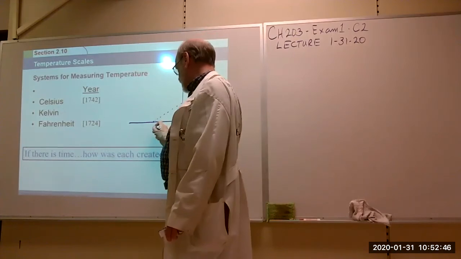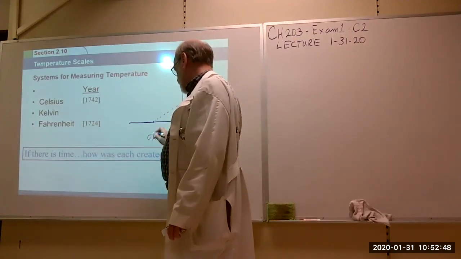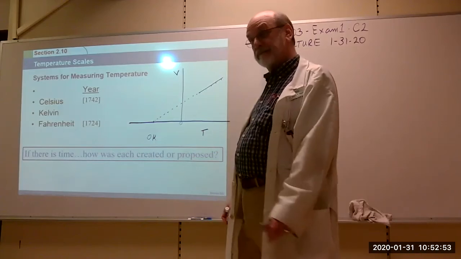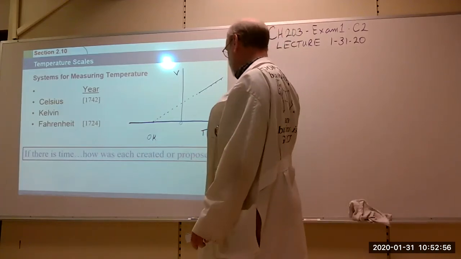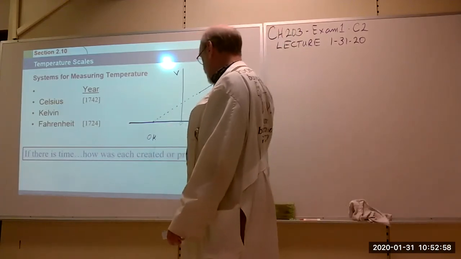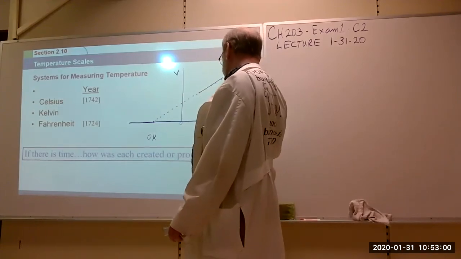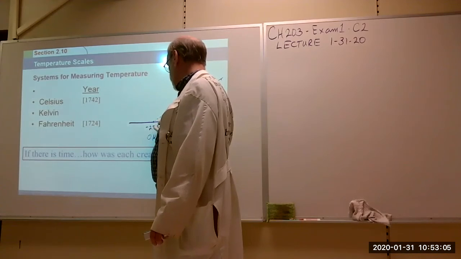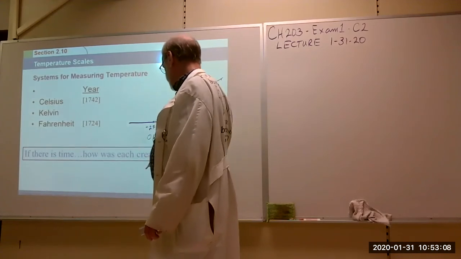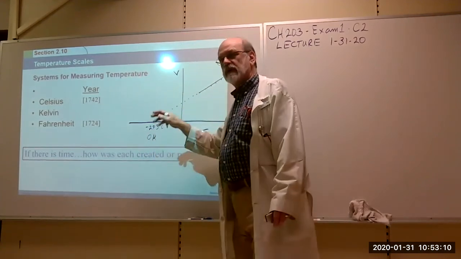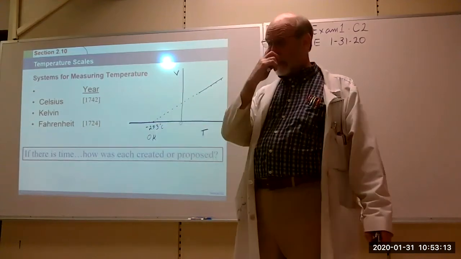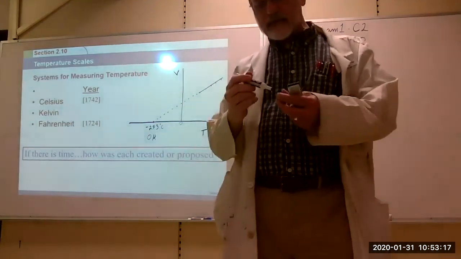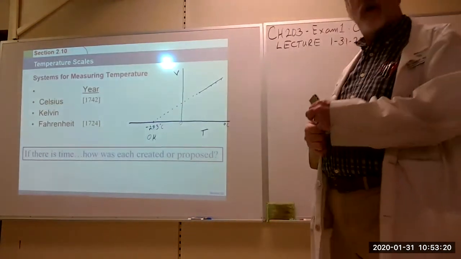Whatever that temperature is, that's 0 K. Not 0 degrees K, just 0 K. Okay? So that's his 0 K. What's that relationship to degrees C? Well, as it turns out, that is minus 273 degrees C. So 0 K and minus 273 degrees C are the same temperature. Now, can you really get a gas to disappear? No.